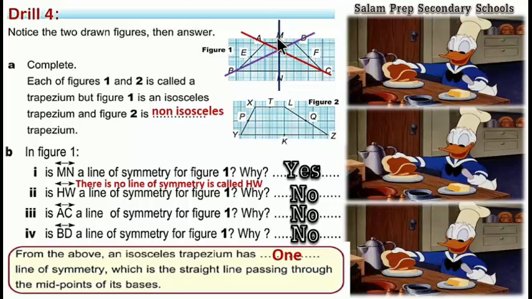Straight line MN is a line of symmetry for an isosceles trapezium ABCD. Line of symmetry MN passes through the midpoints of its parallel sides. M is a midpoint. N is a midpoint.